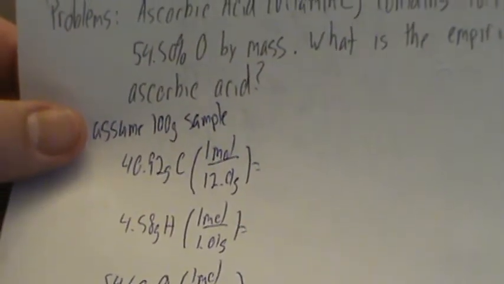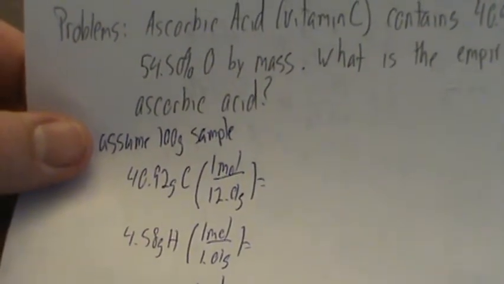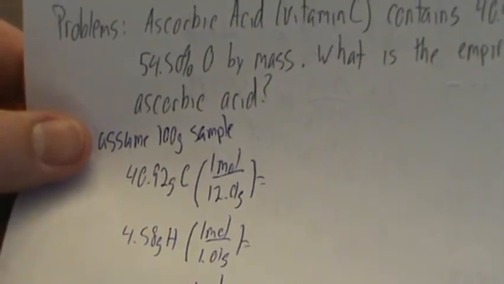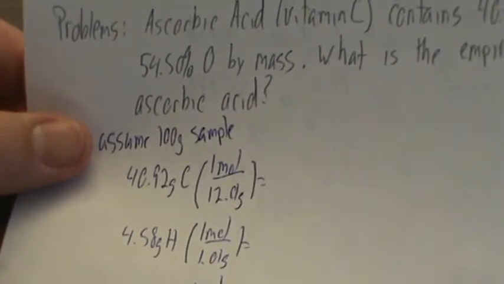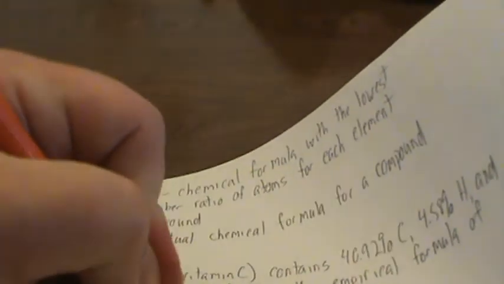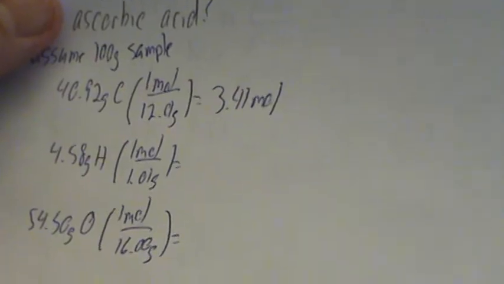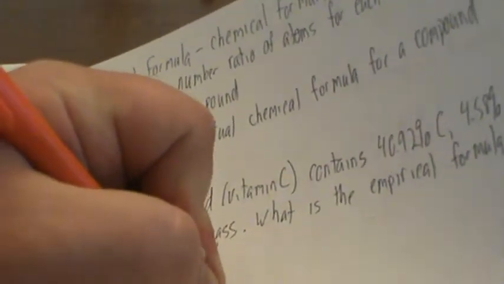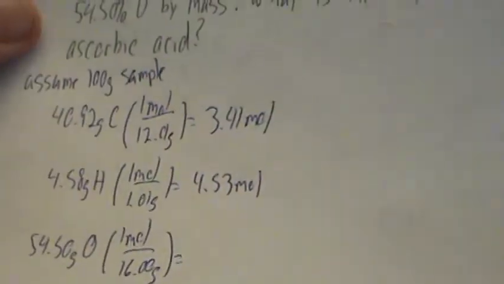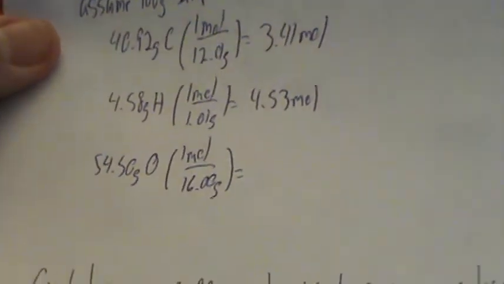So for carbon, we're going to take 40.92 grams divided by 12.01 grams. And we're going to come up with 3.41 moles. Hydrogen, 4.58 grams divided by 1.01 grams, coming up with 4.53 moles.